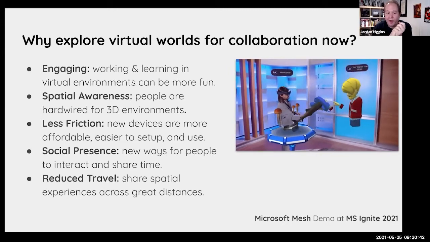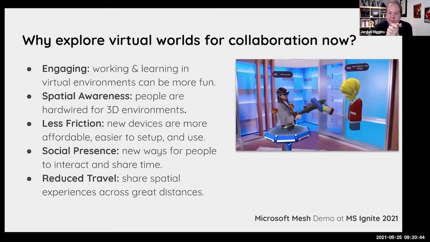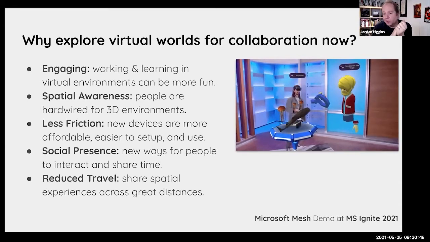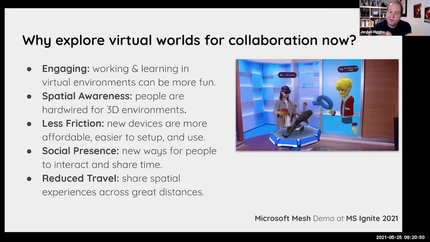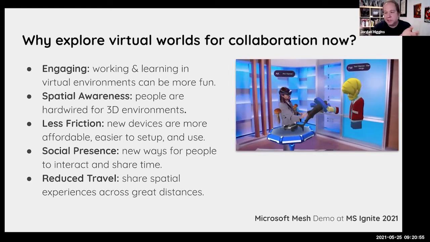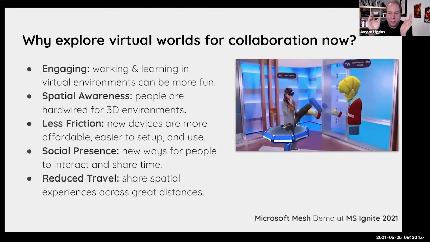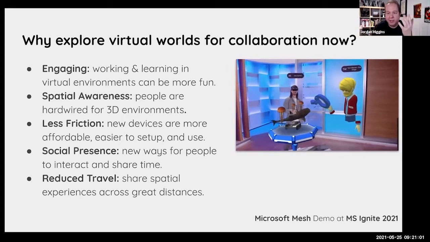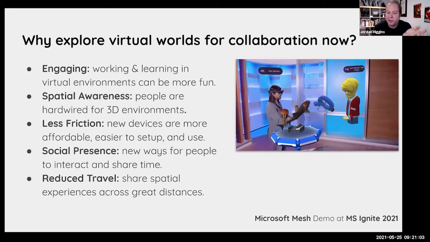Ultimately, we can reduce travel and get a lot of our work done more effectively and efficiently in spatial experiences across great distances. Now, there's not any substitute for in-person interaction, right? There's always going to be that need, and that's always going to be different.